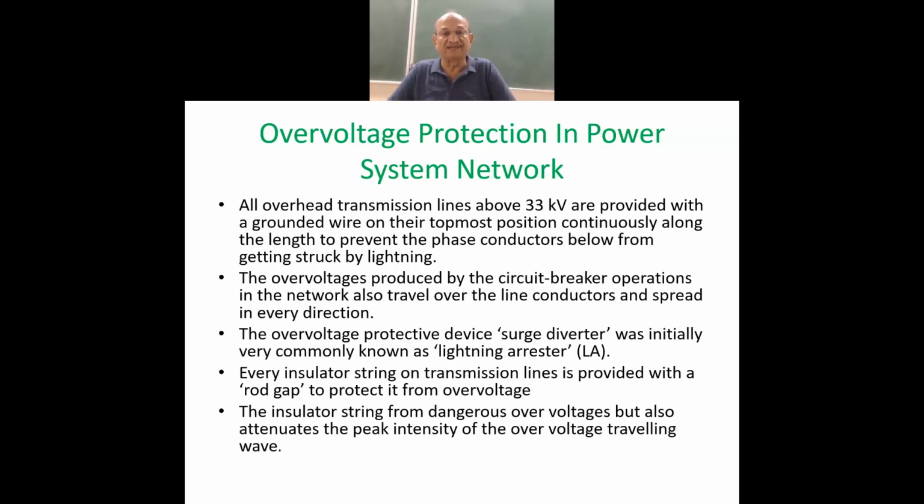That means the highest transient overvoltage produced by lightning strikes on the network was known, and that was taken care of, and accordingly the basic insulation concept to be provided to the network was developed.